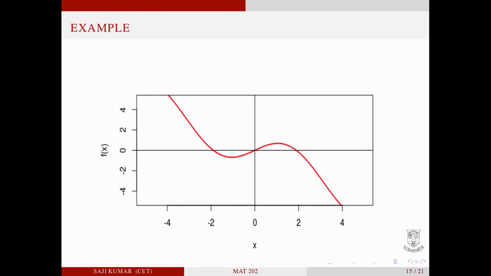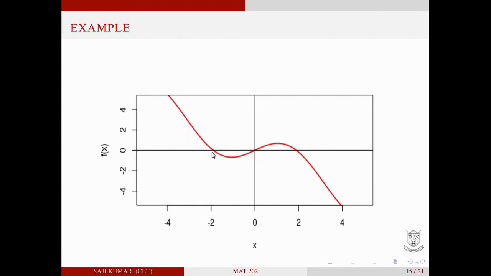This is the graph of the function 2 sin x minus x. The continuous function crosses the x-axis. The function crosses the x-axis at 3 different points, somewhere in the neighborhood of minus 2, at x is equal to 0 and in the neighborhood of x is equal to 2. See, when the graph crosses the x-axis, what is the nature of its function values?